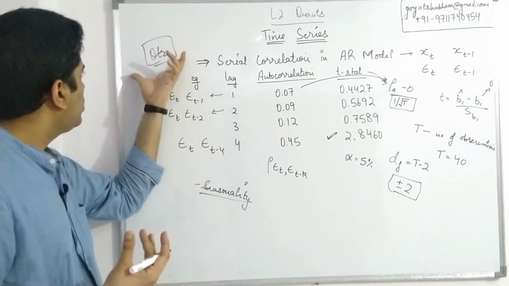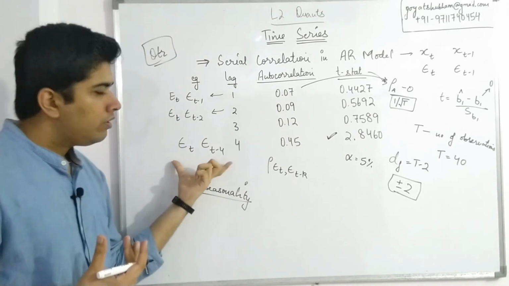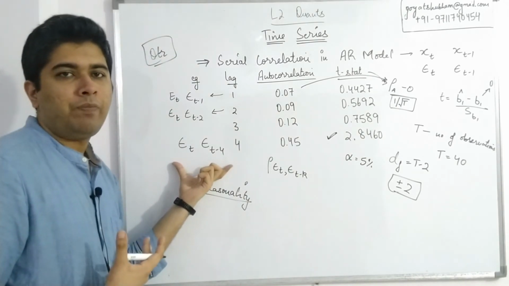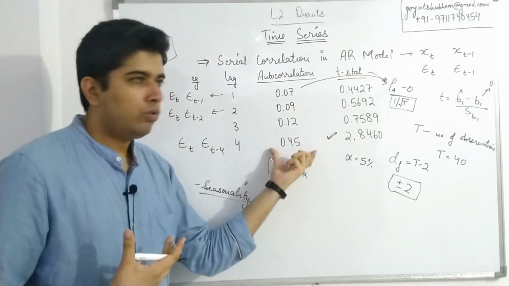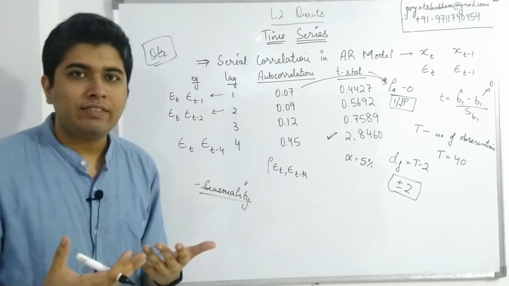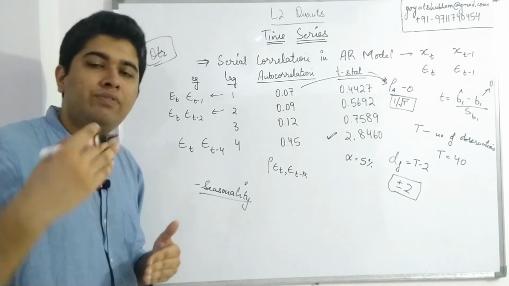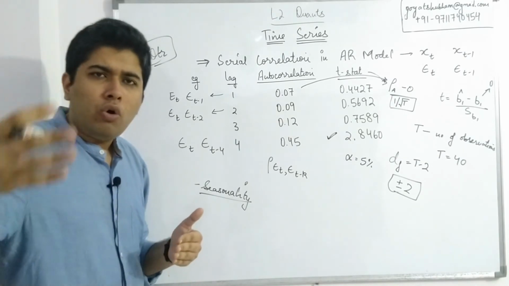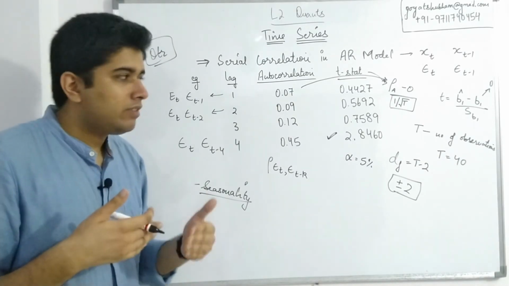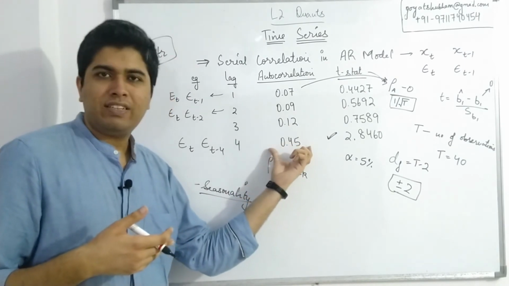Now, if my data is quarterly and on the fourth lag I'm getting a significant correlation, it simply implies that every fourth quarter, so after the first quarter, the fifth quarter, then the ninth quarter, all of these are going to be linked somehow. That is why this correlation exists.